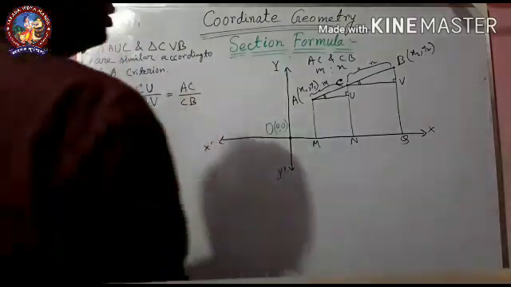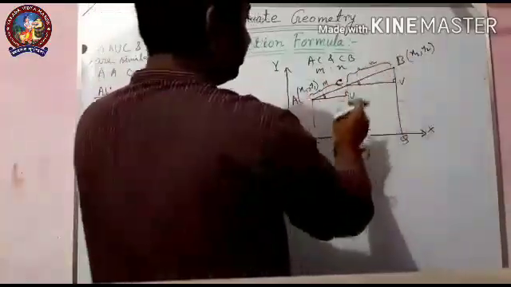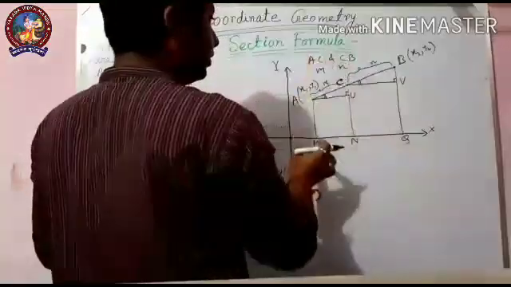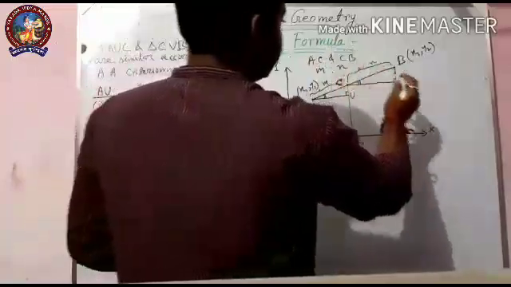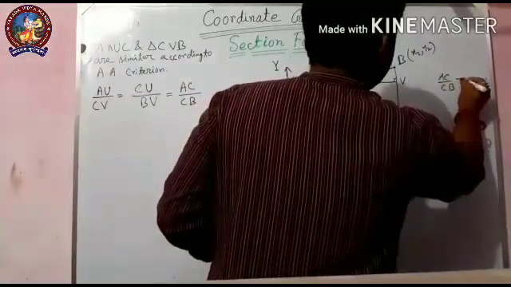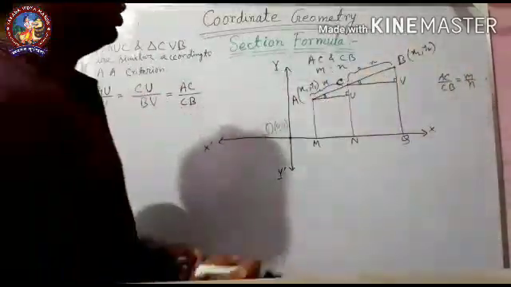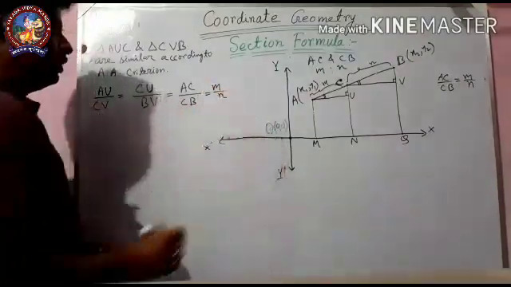Now we know that the point C divides the line segment AB internally into two line segments, AC and CB, in the ratio m:n. That means AC by CB equals m by n.